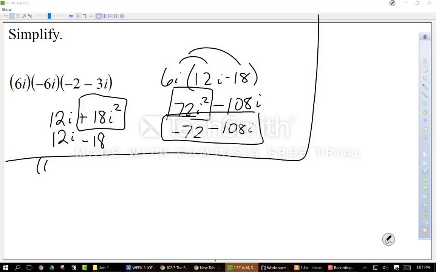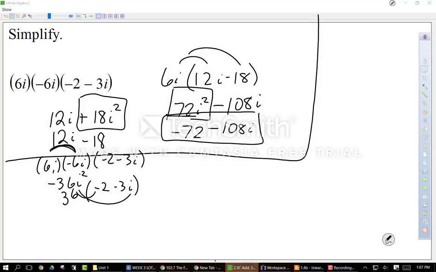I have my 6i times my negative 6i times negative 2 minus 3i. I am going to multiply the first two first. So that's negative 36i squared, which, if we recall, turns into a positive 36 times negative 2 minus 3i. Now I distribute that 36 through.